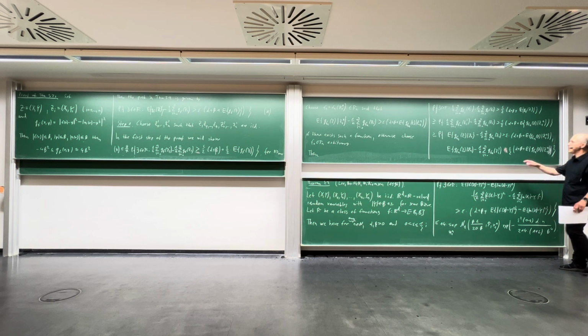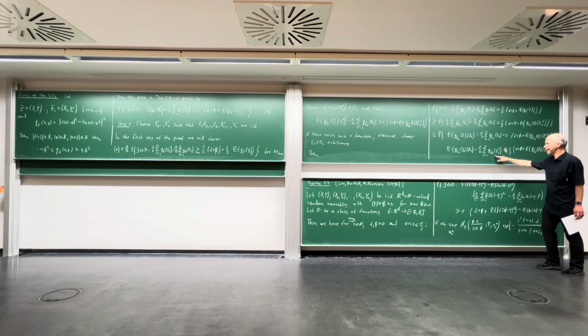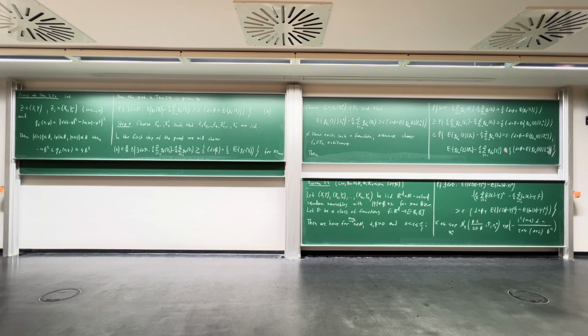The distance between the expectation and the sample average is greater than epsilon times some term, and the distance between the expectation and the sample average on the ghost sample is less than epsilon half. So the difference between the two of them must be at least epsilon half.